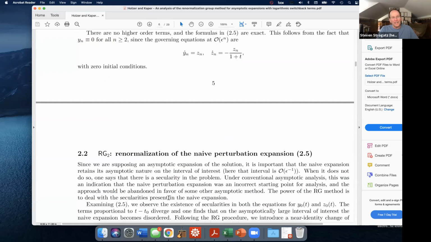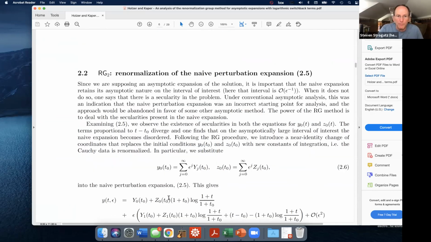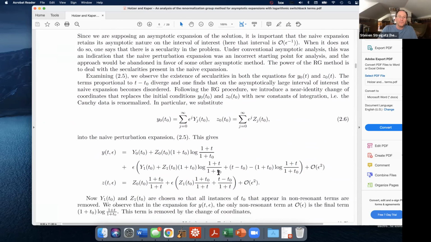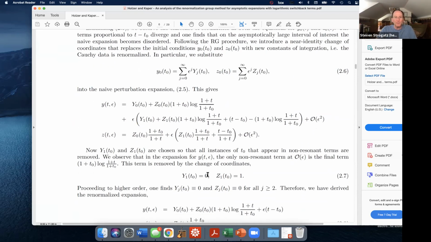Anyway, I'm probably going too fast. It's probably hopeless. But anyway, just to finish, they do the second step, what I was calling the change of coordinates, the near identity change of coordinates, by introducing some kind of new variables, capital Y and capital Z, in such a way that they can clean up as many terms as possible.